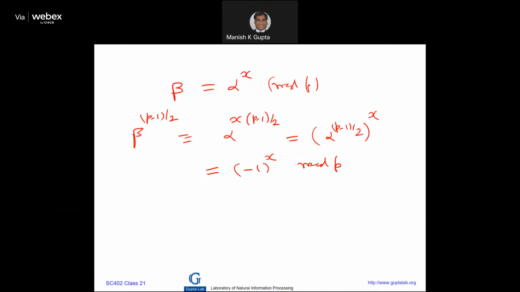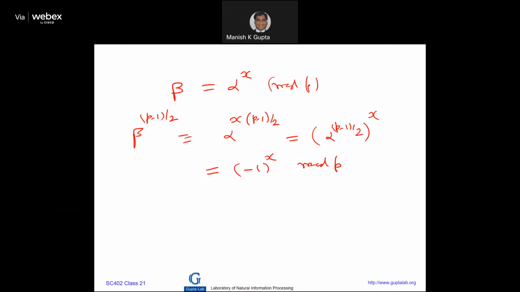So beta raised to power (p minus 1)/2 is equal to minus 1 raised to power x. That means this value is either plus 1 or minus 1 depending on whether x is even or odd. At least we got this much information.